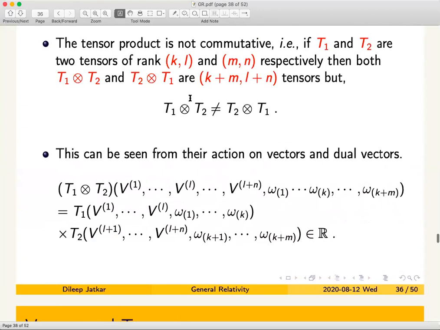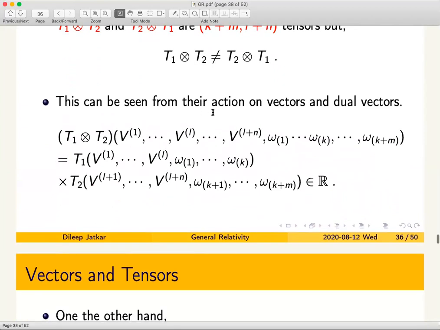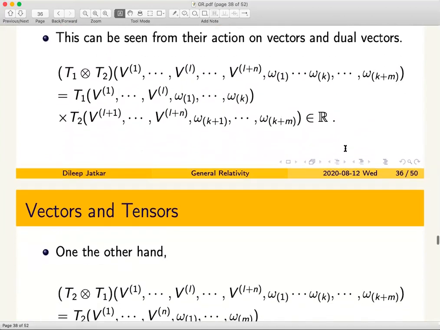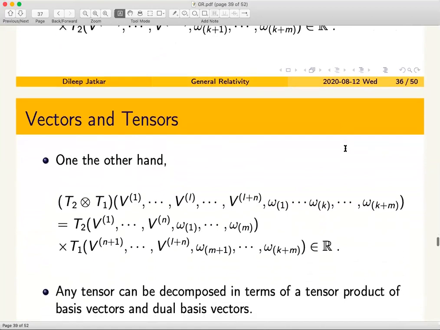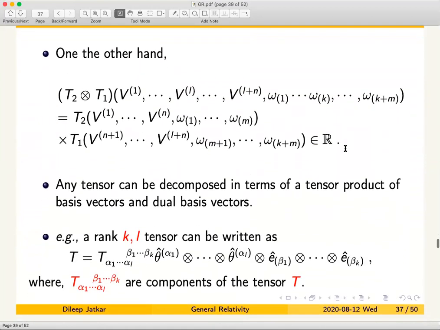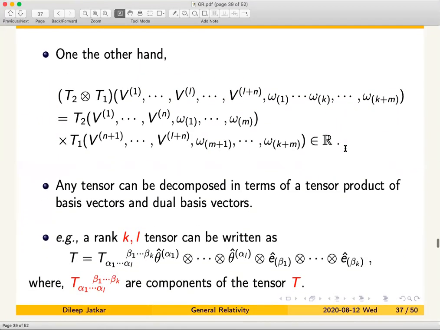That means T1 tensor T2 is not equal to T2 tensor T1. Any questions?